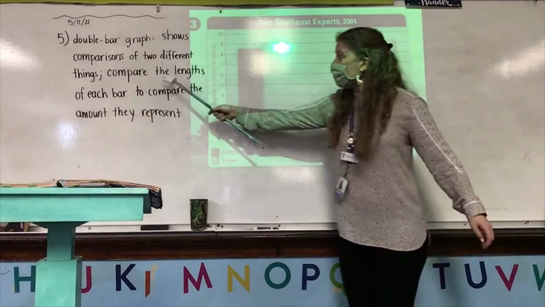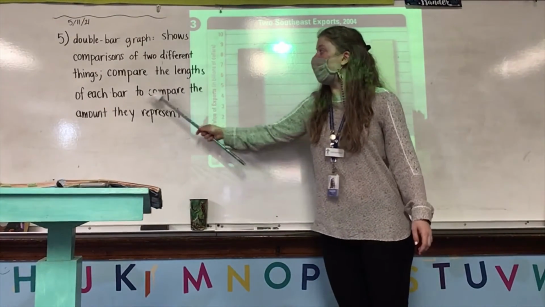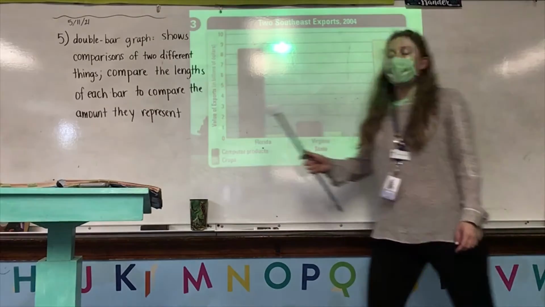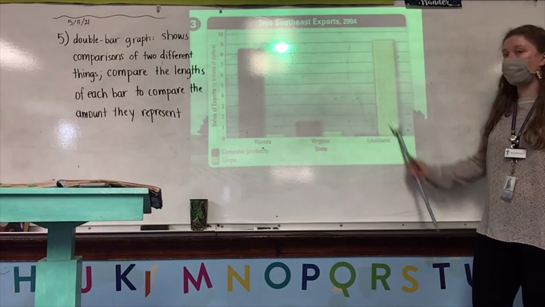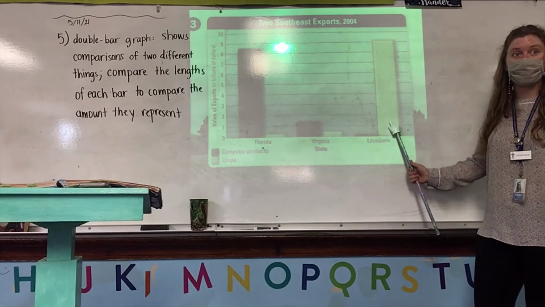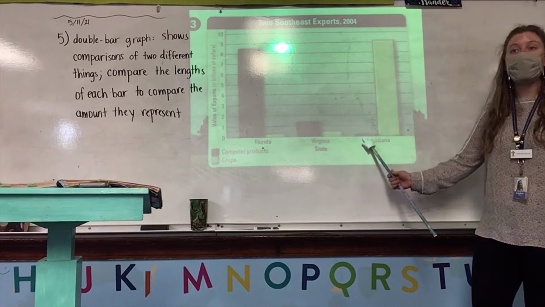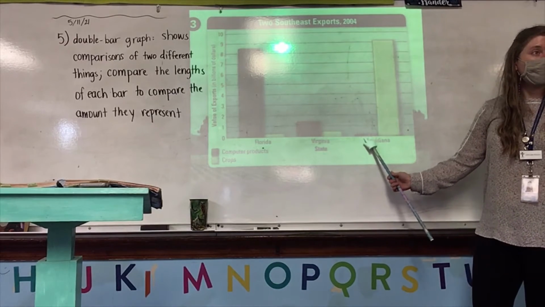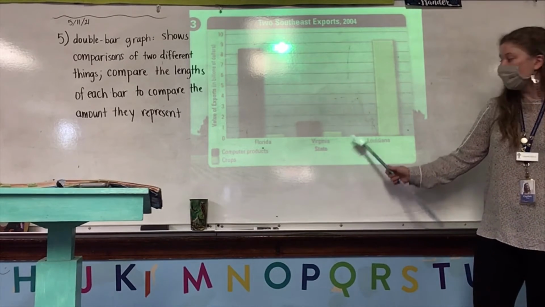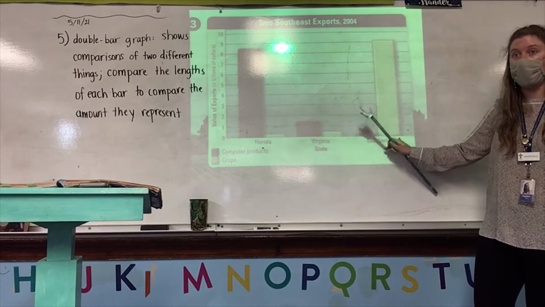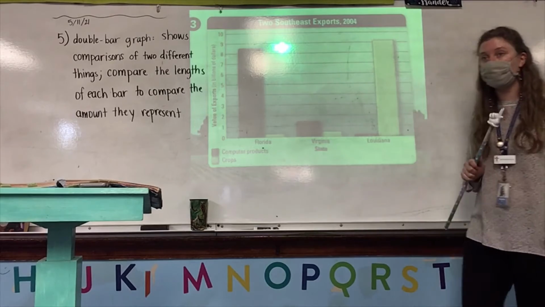Remember, to use a double bar graph, we compare the lengths of each bar to compare the amount they represent. We see for Louisiana, the yellow bar, representing the amount of money made from crops, is much larger than the red bar, the amount of money made from computer products. Louisiana didn't make much money from computer products, but they made a whole lot of money off of crops.